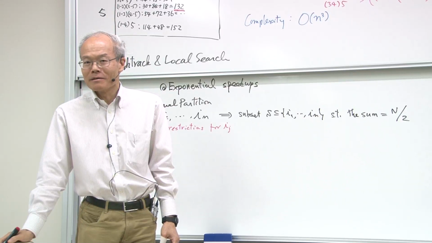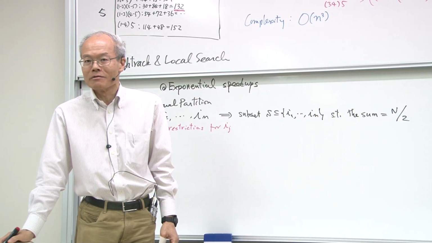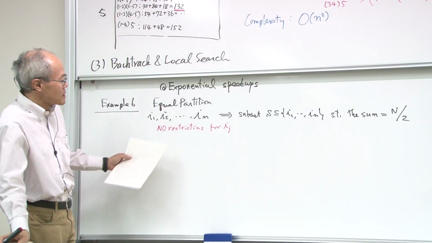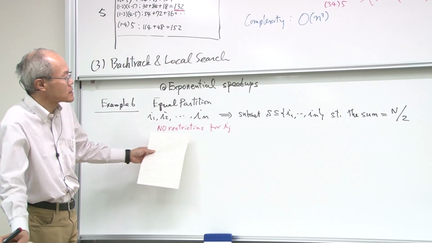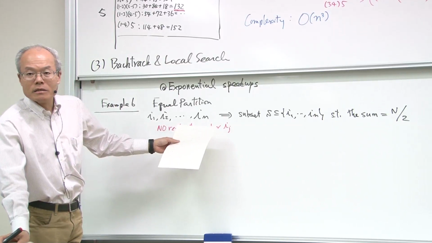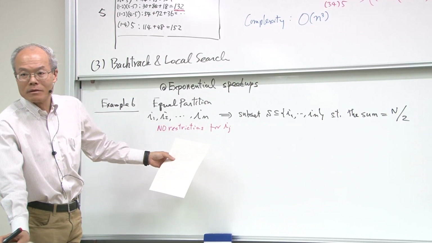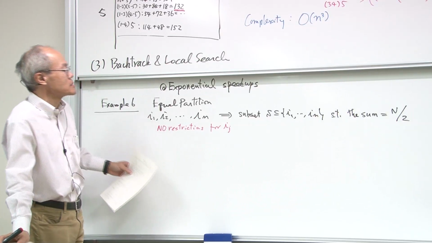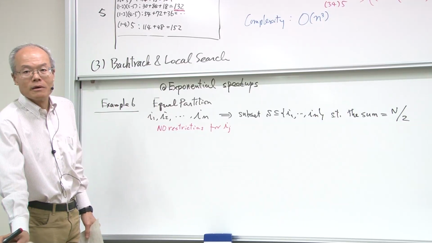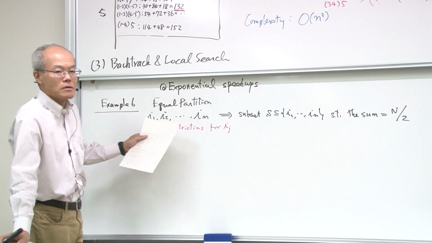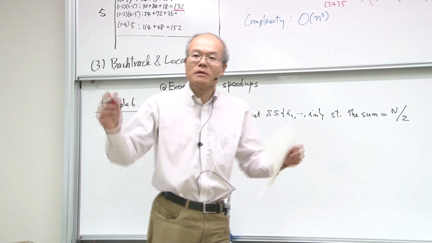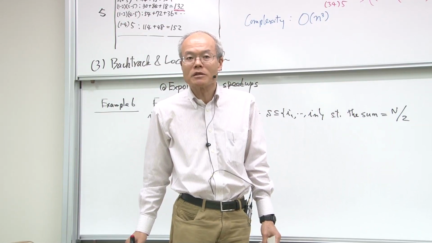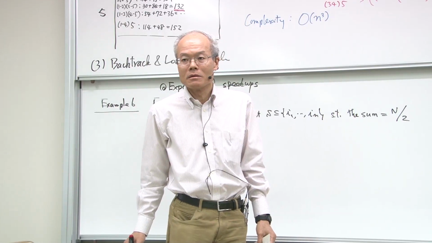Do you remember? Just look back at your notes. Then you can find that our previous restriction is that each I_j is at most 100. Right? This time, we have no such restriction. Each number can be big, unlimitedly large. Okay?